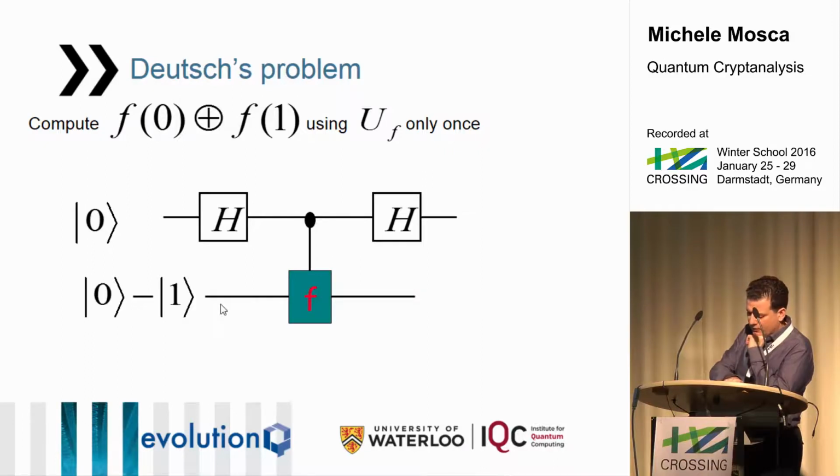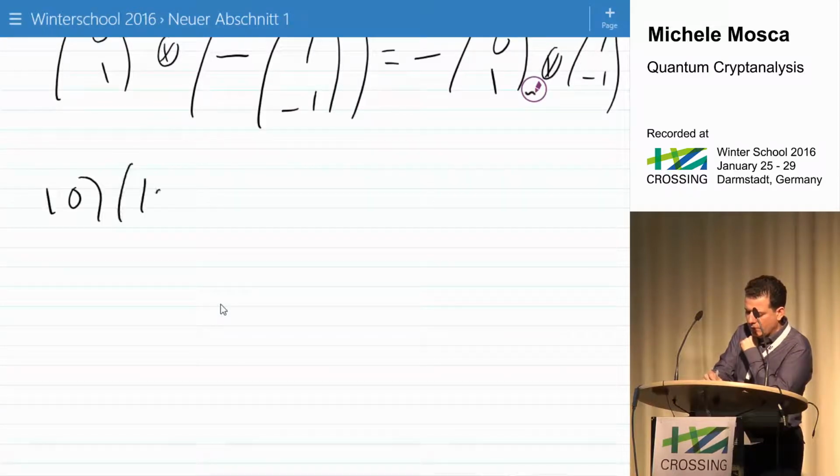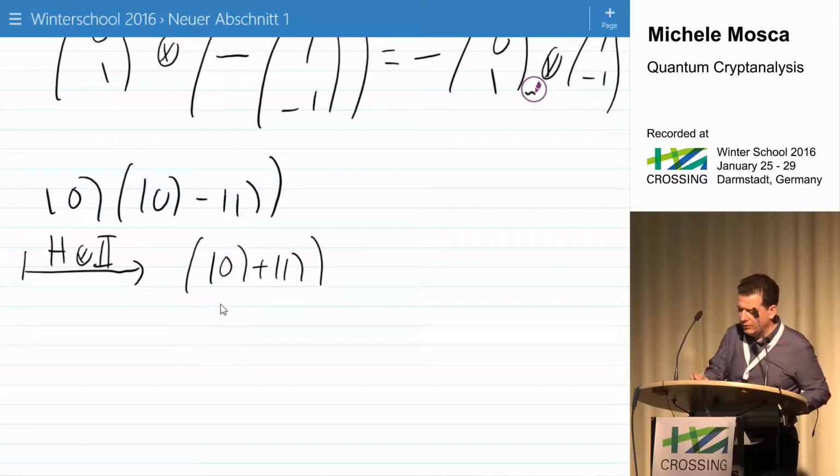So what does this circuit do? We start off from 0, 0 minus 1, and then we apply the Hadamard gate. I'm going to drop normalization for convenience. We get 0 plus 1, 0 minus 1.